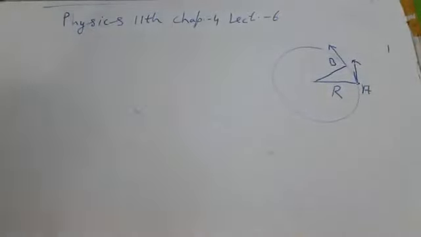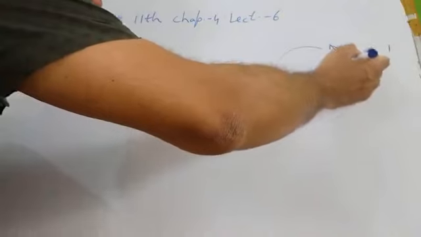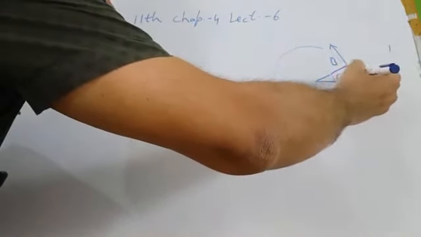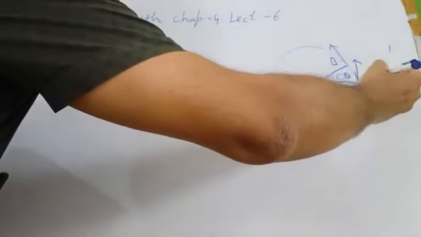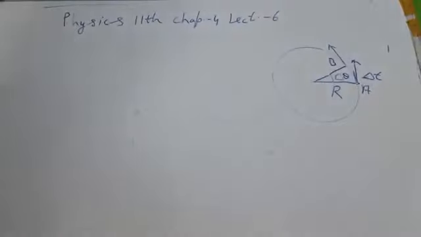Now we will find the relation between linear velocity and angular velocity, and we will calculate what the acceleration will be and what the direction of the acceleration will be. First we are calculating velocity. Suppose this particle reaches from point A to B, and it travels angle delta theta in a small interval of time delta t.